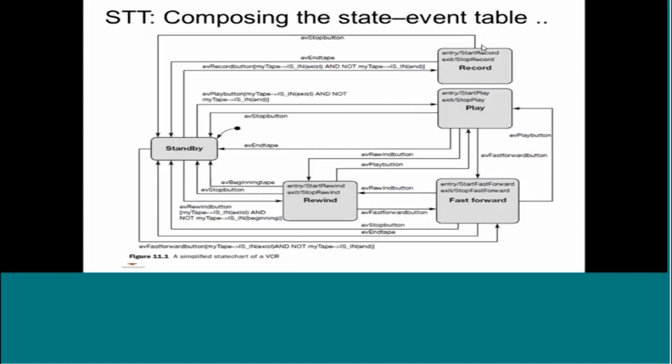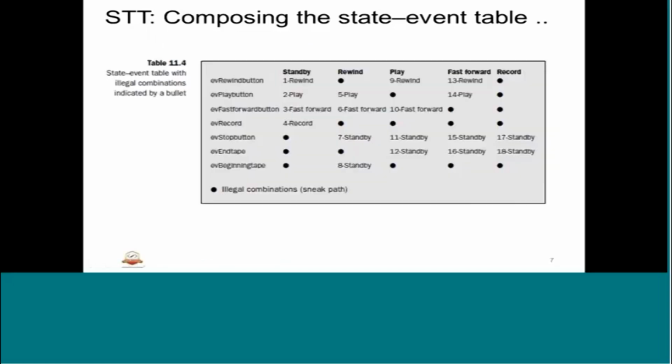If a state event combination is legal, then the resulting state of this combination will be incorporated in the table. That means we are going to have test cases for a legal state event combination. In addition, the transition will be assigned a number, so there is a unique number for that particular transition identified in the table.